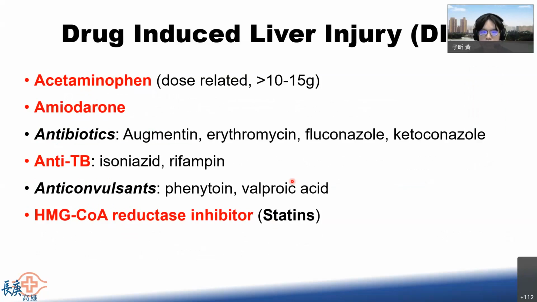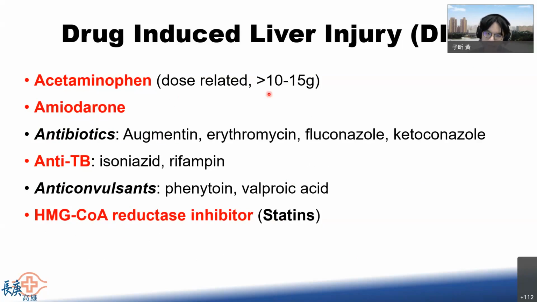Okay, so we did talk about what kind of medication the patient may be taking. And here are some of the more well-known drugs that have hepatotoxicity that you might want to look out for. Acetaminophen, this is a very, very common over-the-counter drug. However, you don't need to worry about this too much because this is a very high dose related hepatotoxicity.